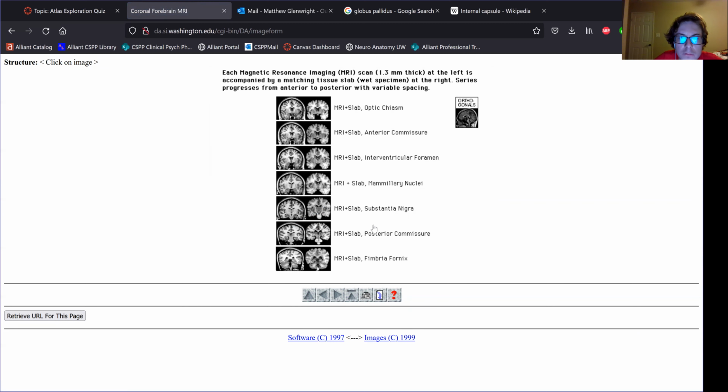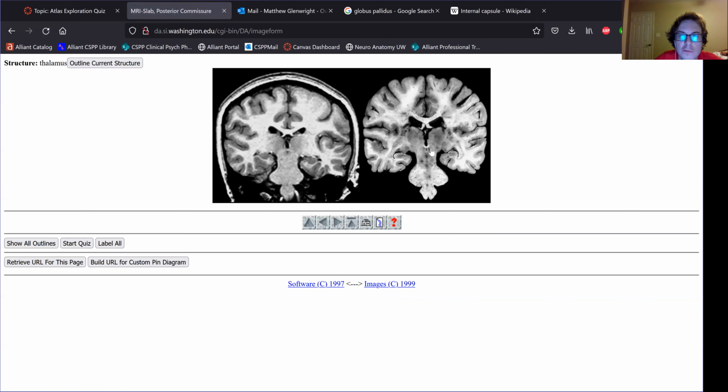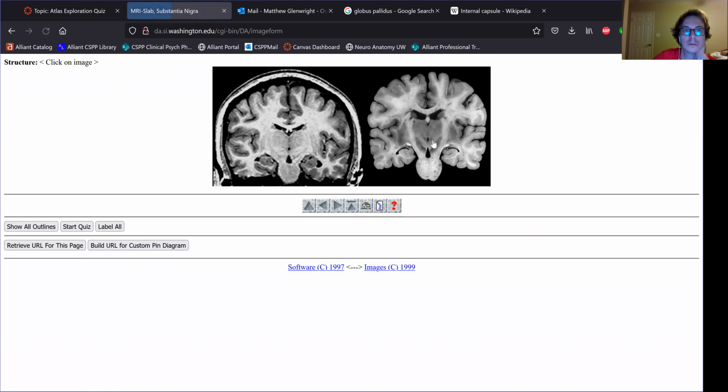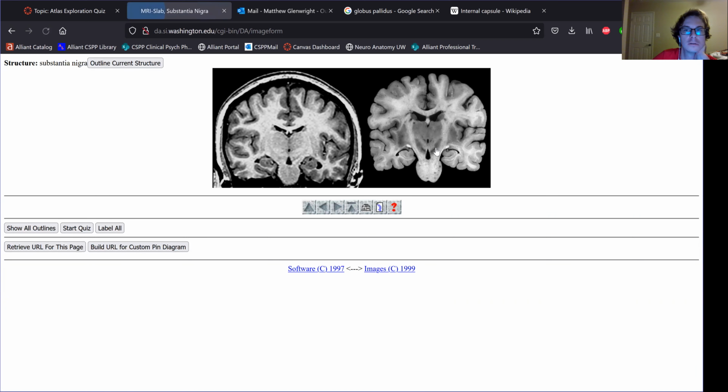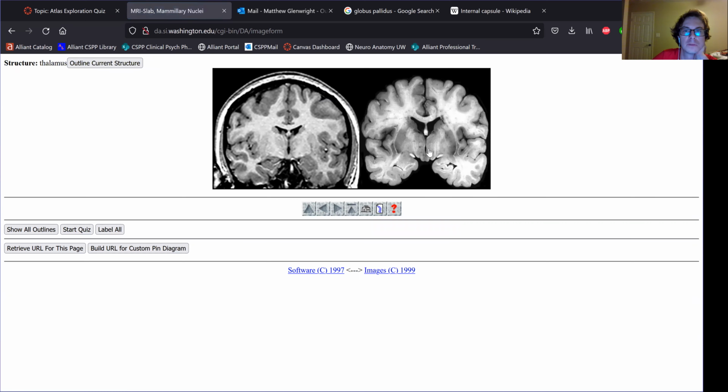Actually, you know what, let's see. So that's the thalamus, midbrain. But actually, I think we want to be a little bit more anterior. So if we go a little bit more, that's going to be substantia nigra down there. Thalamus, hypothalamus. There we go. Yeah, we needed to be a little bit more anterior.